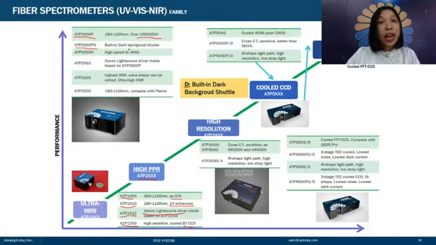So we have this dark background shutter built inside to easily scan the dark background. And also we have the ATP 2000H. Its frame rate can reach up to 4000 Hertz. And we have the ATP 2002. This is a model with a built-in xenon driver, usually for water quality analysis and UV smoke analysis.